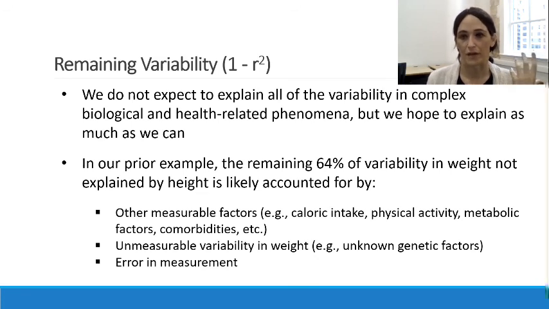And this could be other measurable factors. It could be calorie intake, it could be physical activity level, a whole range of metabolic factors, comorbidities. As we've learned about weight and obesity, we've realized it's much more complicated than we've ever imagined. And so we're never going to be able to fully explain the human variability in weight.